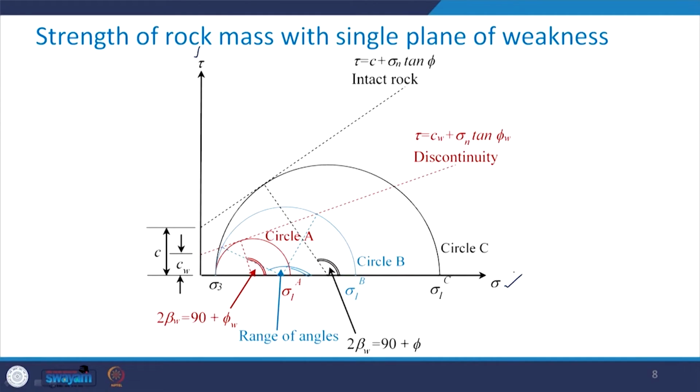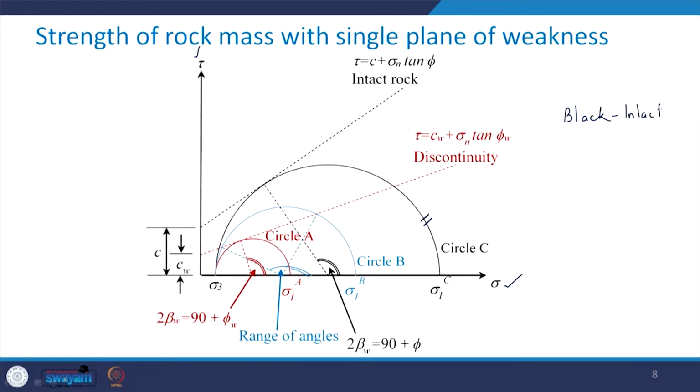Here you can see there are 3 circles in 3 different colors. One is for the intact rock, given as the black color.